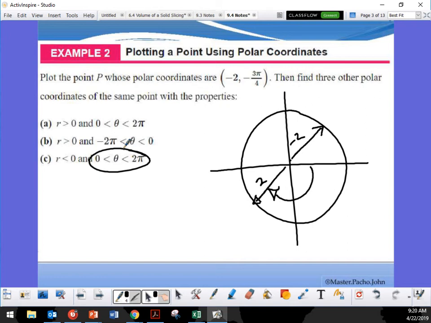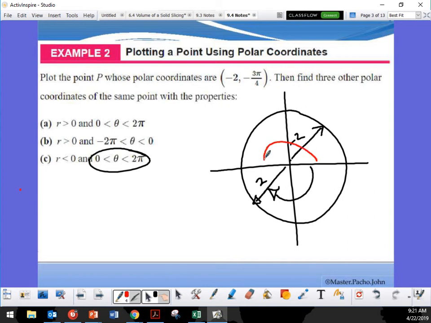Now, if I want my R to be negative and my theta to be positive, how would I make my theta positive? Bring it to the third quadrant, right? Okay, so you're saying going this way?